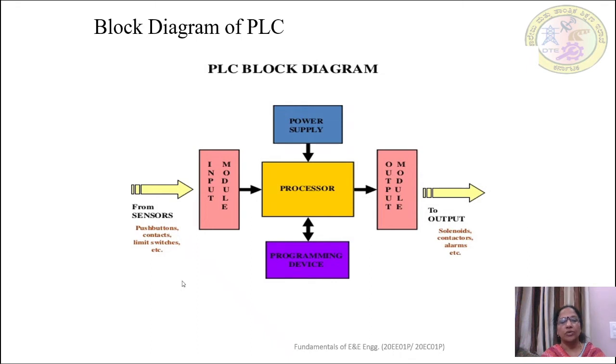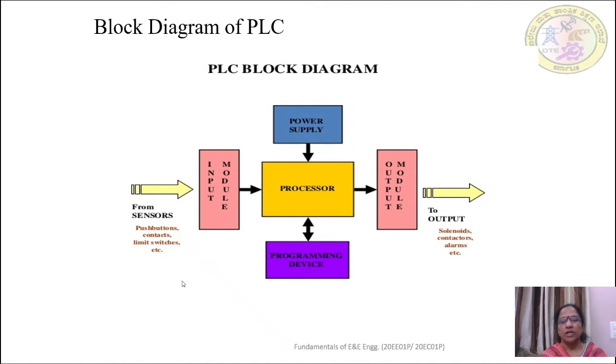Here the input module helps to get the input and give the input to the processor. The input module will have the input from the sensors. The sensors are usually push buttons or contacts or limit switches, etc. So these are the sensors from where the input is transferred to the processor.